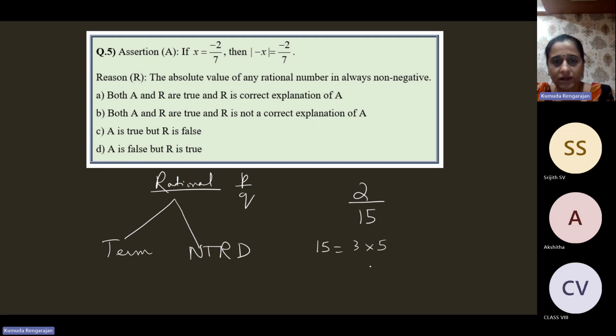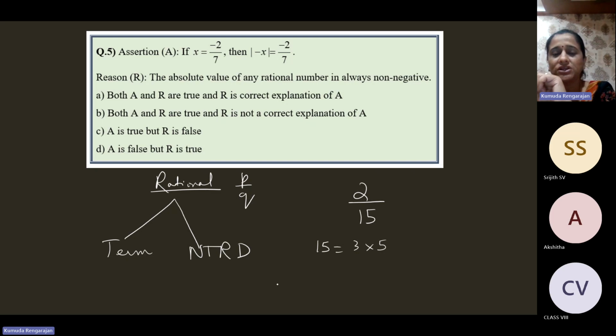Now, if the denominator has a prime factor other than 2 or 5, then that P by Q will have a non-terminating repeating decimal expansion. Put the rational number in the simplest form. Once it is in the simplest form, look at the denominator and find its prime factorization.